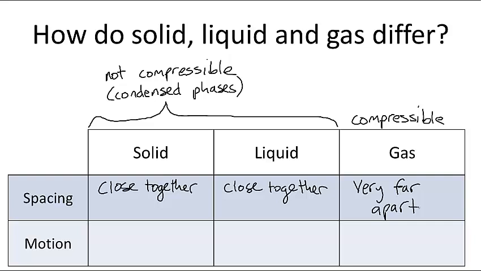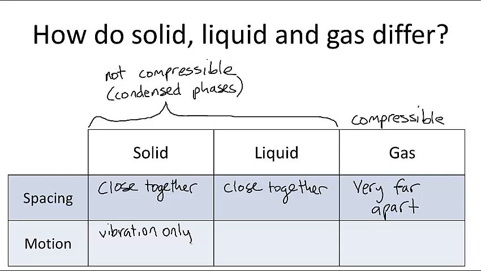And in terms of how they move, and what makes a solid different from a liquid? Well, we'll use the terms, in solid, the motion is just vibration. The particles can move, but they essentially just move in place.